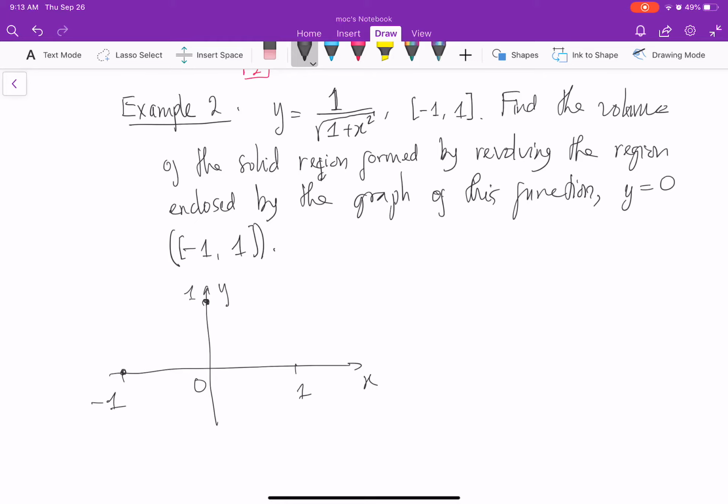The function is equal to 1 over square root of 2 at -1 and 1. So I have these 2 points, right? When x equal to 0, the function is 1. I just plug 0 into the function, I get 1. So basically the graph looks like something like that. Okay, here is our region.